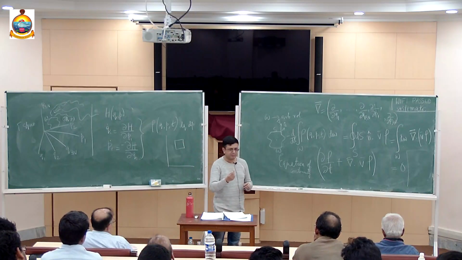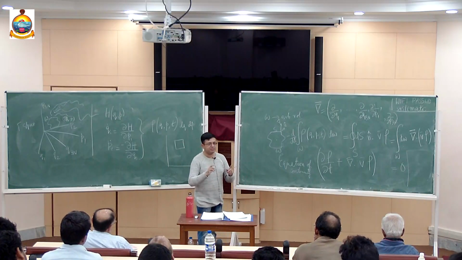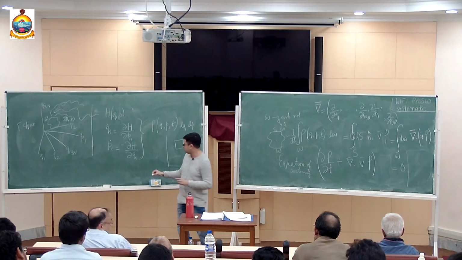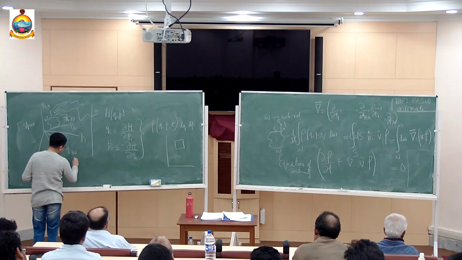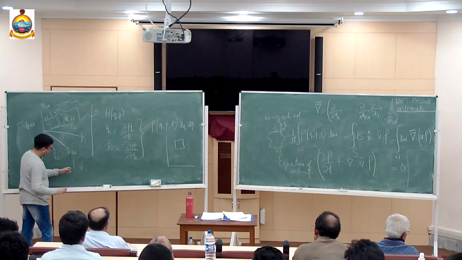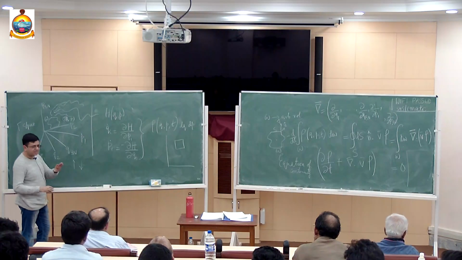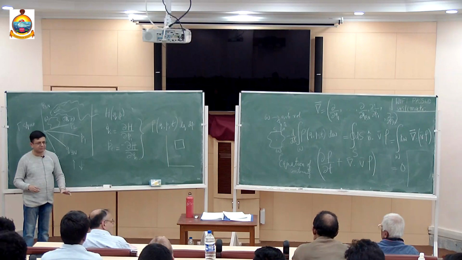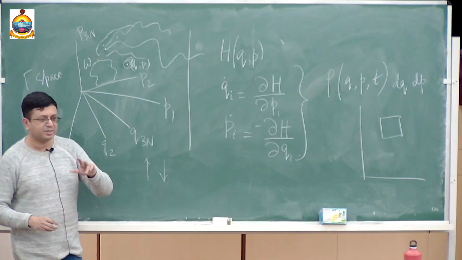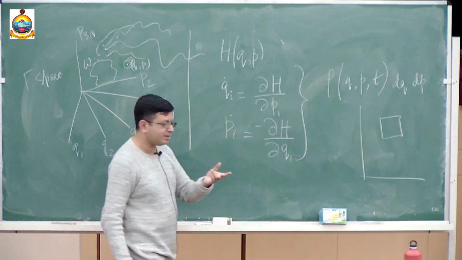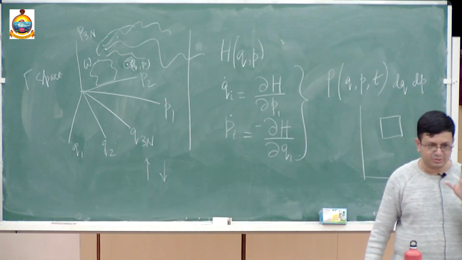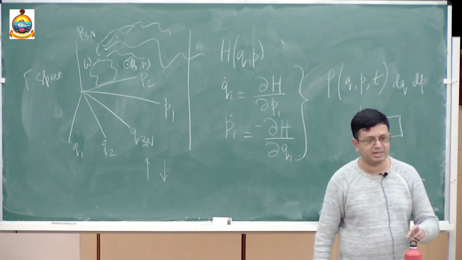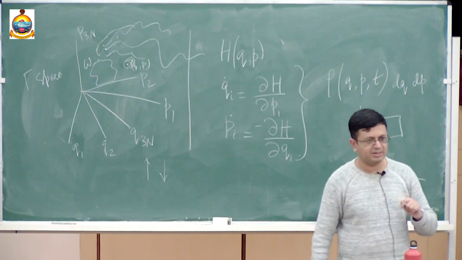Let's say I have two spins, then you can list down the possible microstates. It may so happen that some microstates become more likely or less likely, but the total number of microstates doesn't change.